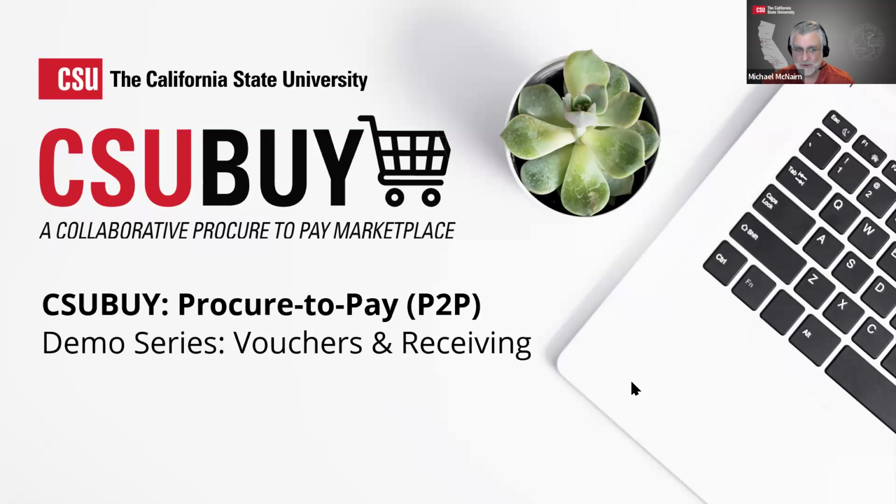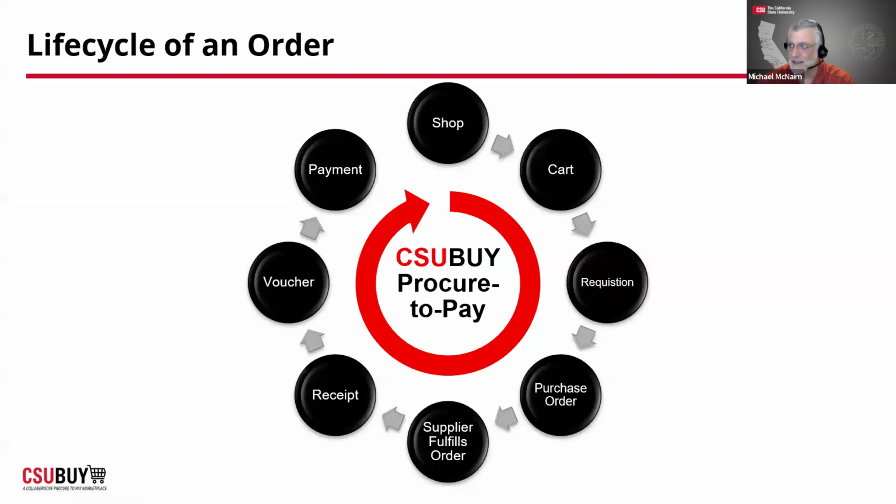Today what we'll be covering is vouchers and receiving. Basically, this is all about vouchers and receiving from the end user perspective. So shoppers, requesters, approvers. In other words, everything you want to know about invoicing and vouchers for non-AP people.